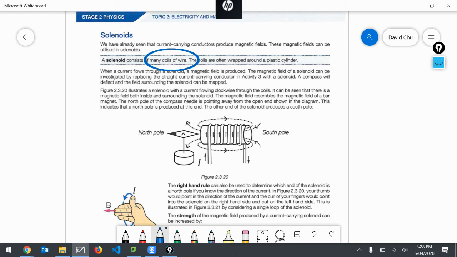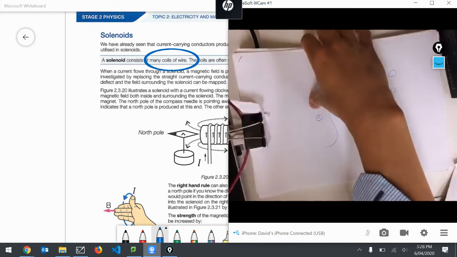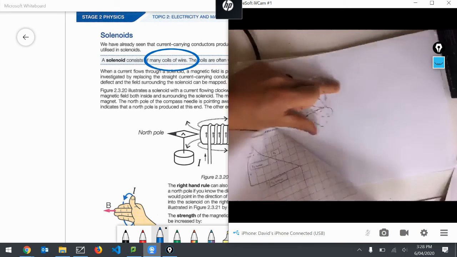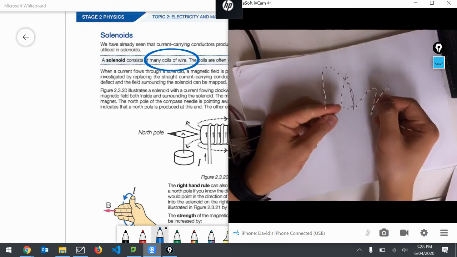So if I have current going in there, let me make a quick loop and you can see. This is not perfect, but right now I've got a bit of a solenoid.